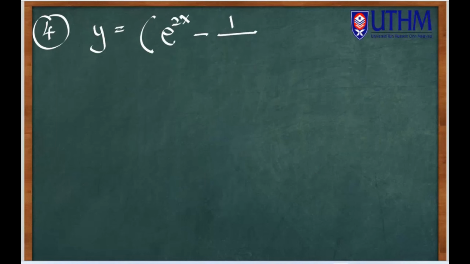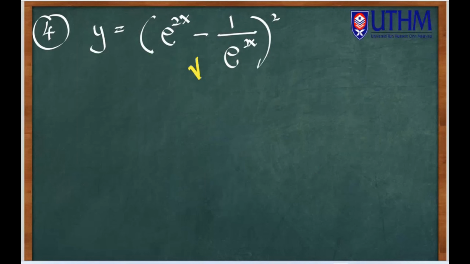Let's move to example number 4. If we are given a function y equal to exponent 2x minus 1 over exponent 2x, all to the power of 2. How can we solve this one? We can solve this by using the chain rule.